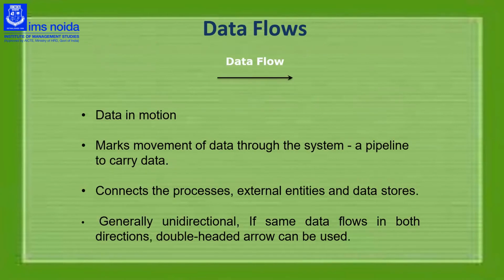Data flows, which is represented by the arrow. Data in motion, marks movement of data through the system, a pipeline to carry data. Connect the processes, external entities and data stores. Generally unidirectional. If some data flows in both directions, a double-headed arrow can be used.